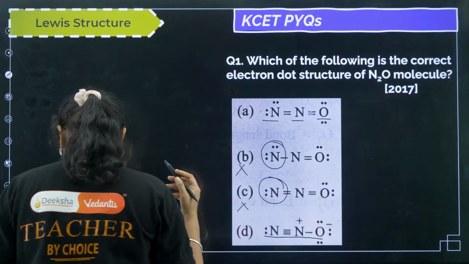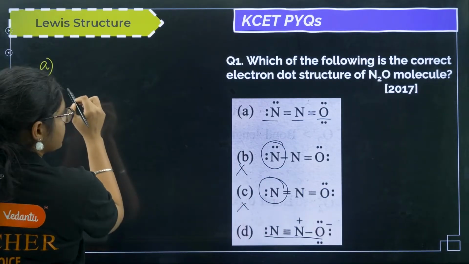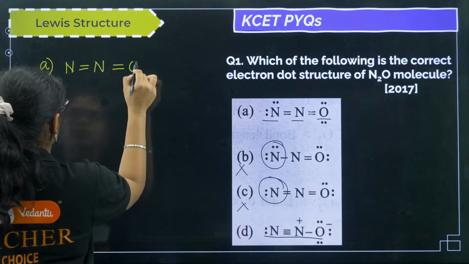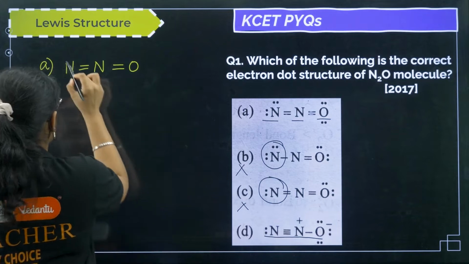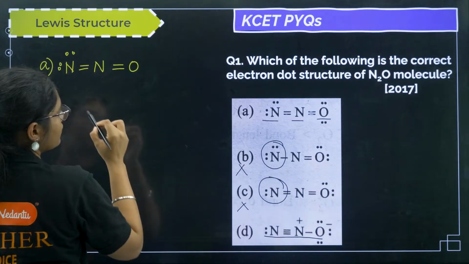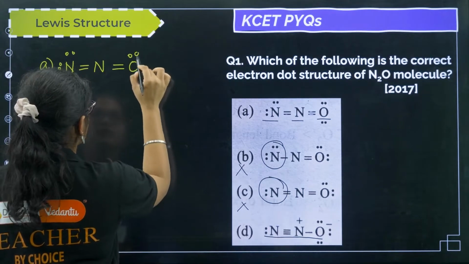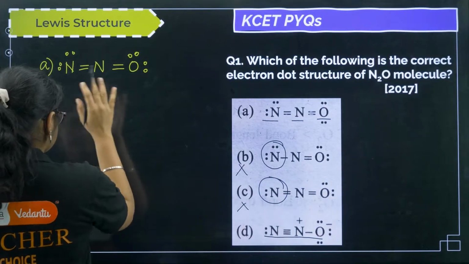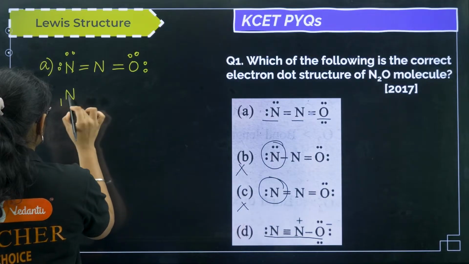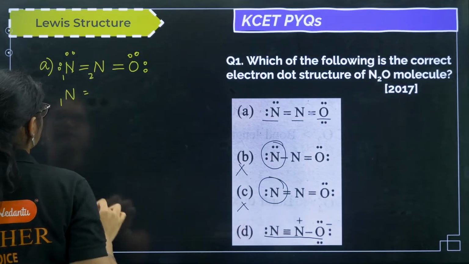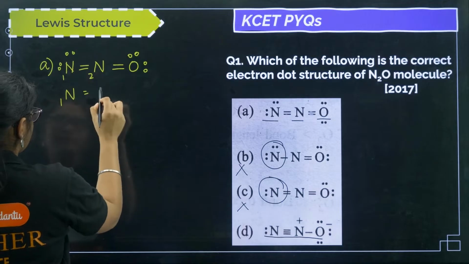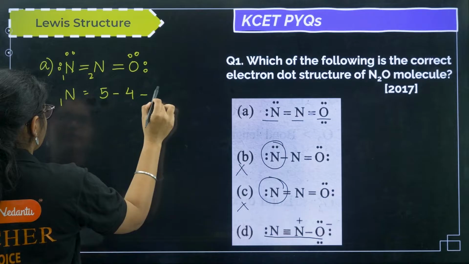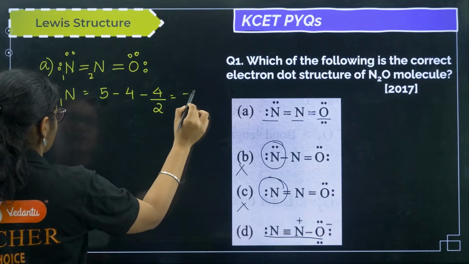How can we check the formal charge? For option A, the structure is N double bond N double bond O. Here I have 2 electrons, 4 electrons, and here I have 4 electrons. Let me calculate the formal charge of N1 and N2. For N1, valence electrons are 5, non-bonding electrons are 4, and bonding electrons are 4 by 2, so 5 minus 4 minus 2 is minus 1.